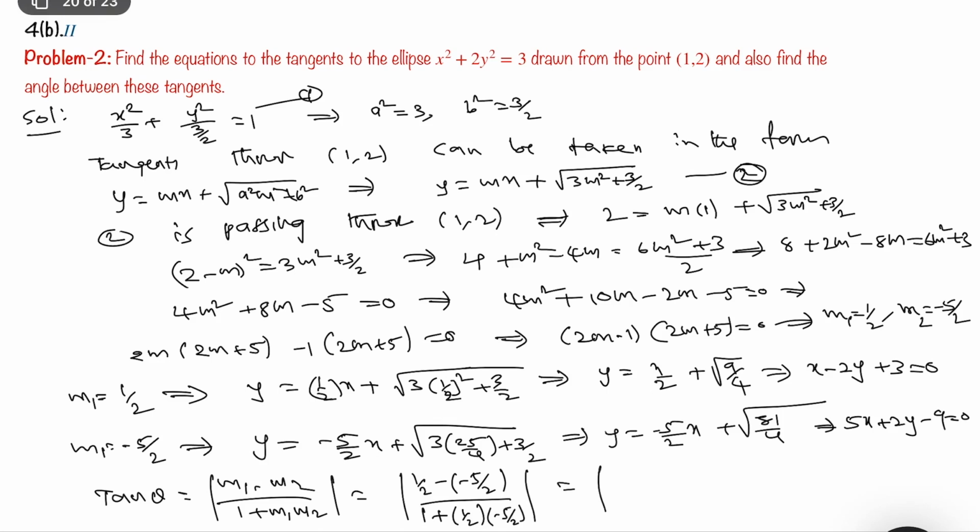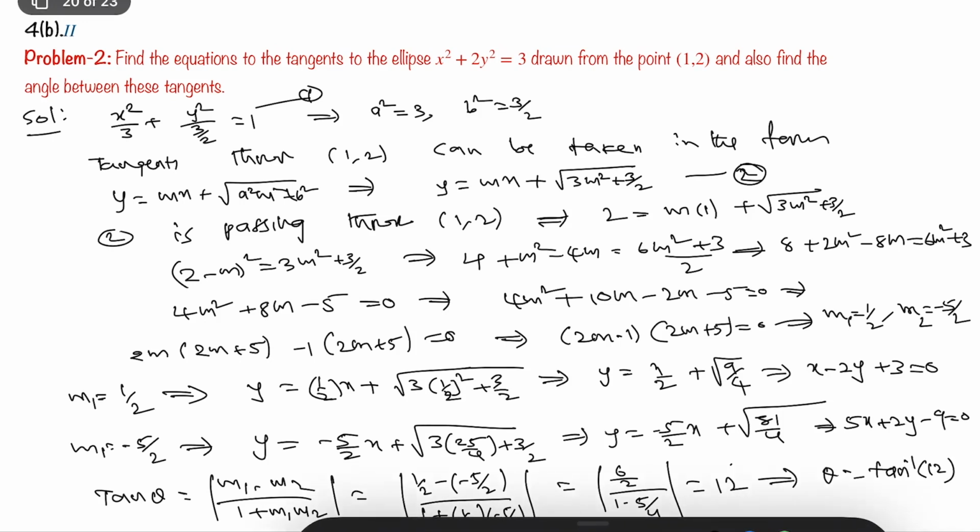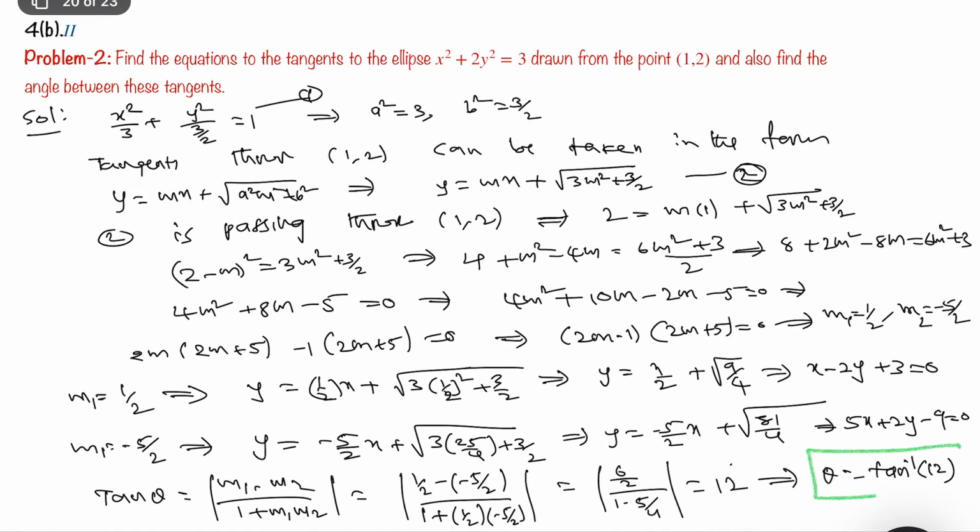So this is going to be 6 by 2 by 1 minus 5 by 4, so this will be simplified to 12. So therefore theta equal to tan inverse of 12. Okay, so this is the angle between two tangents. Fine.